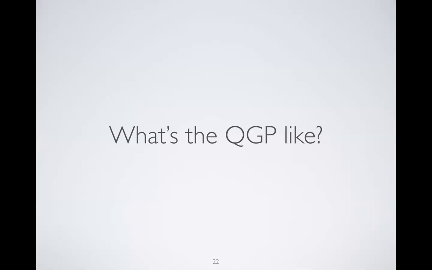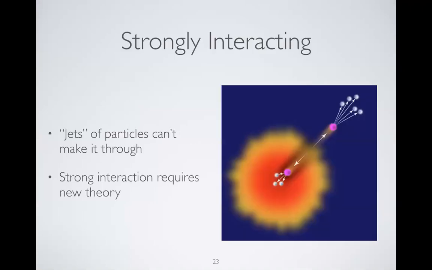So okay, what's the quark-gluon plasma like? What are the features of it? Well, this was the big surprising thing about it, because originally when they started these experiments, they thought it would be more like a free gas of quarks and gluons. But it turns out that it's more liquid-like, right? So it's strongly interacting.